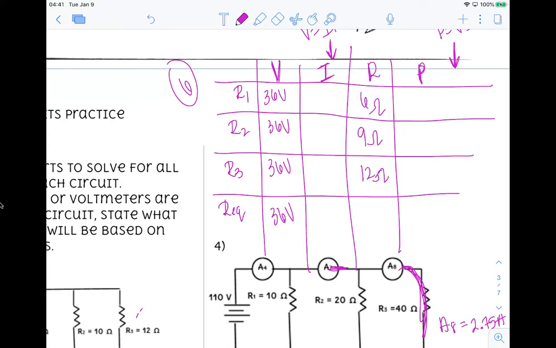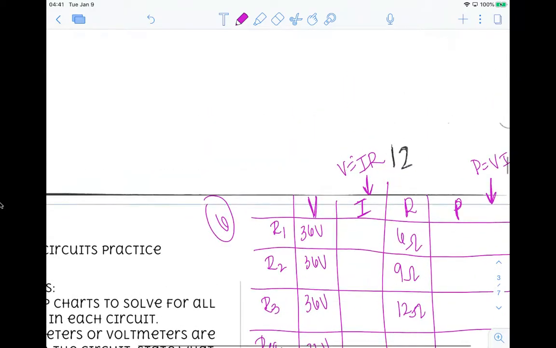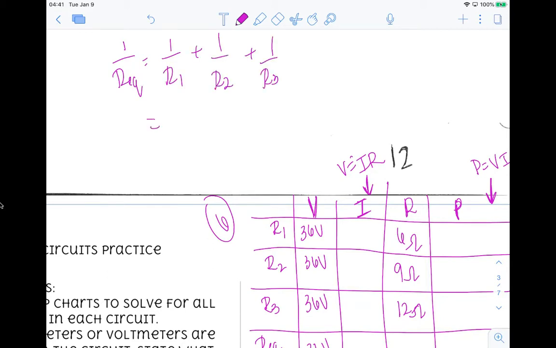We can go ahead and we can solve for our total resistance using our equation here. We have 3 resistors. Okay. We have 1 over 6 plus 1 over 9 plus 1 over 12.